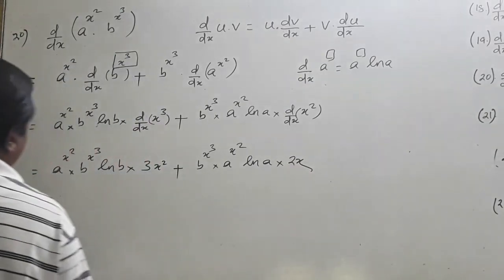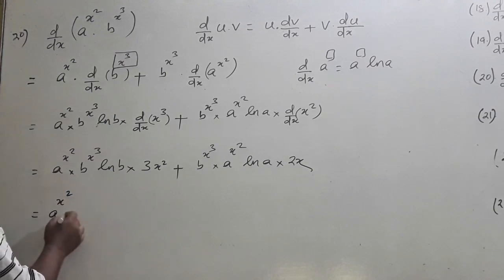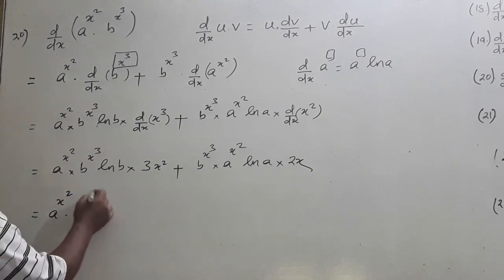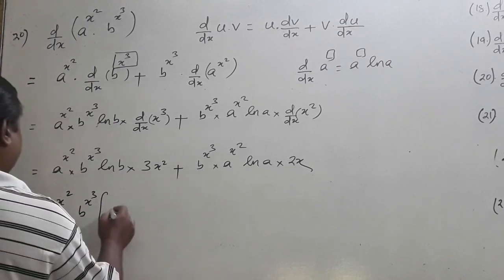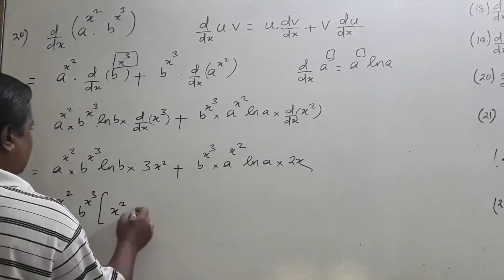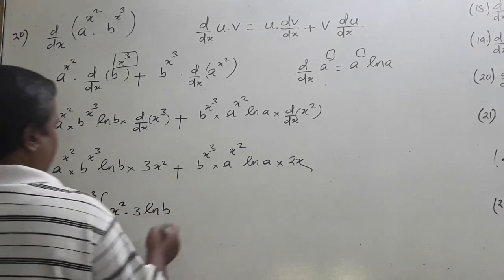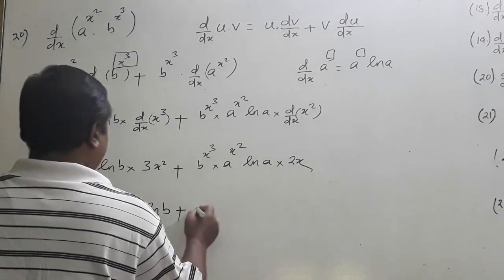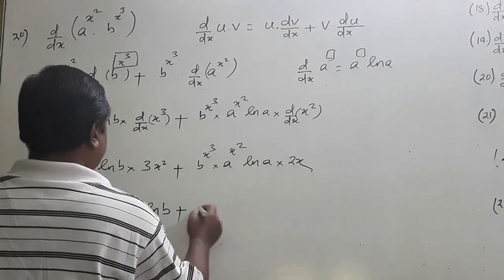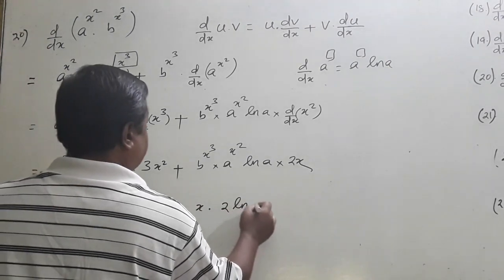2x. So taking common, what do you have to take common? a to the power x square into b to the power x cube. Then it becomes x square into 3 ln b, then plus x, then 2 ln a.